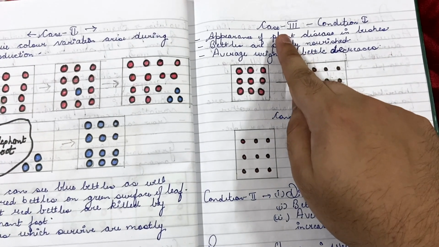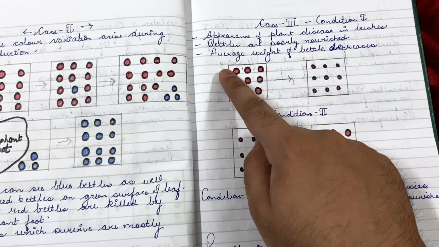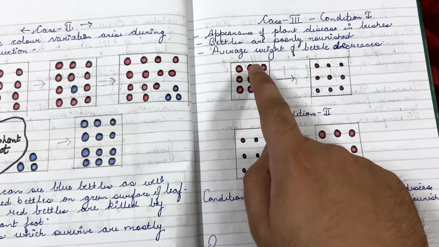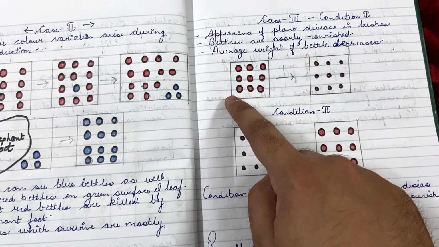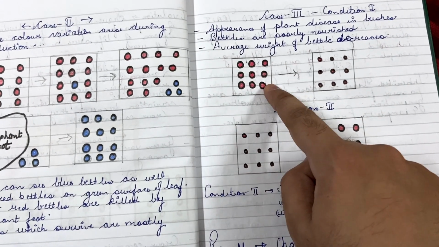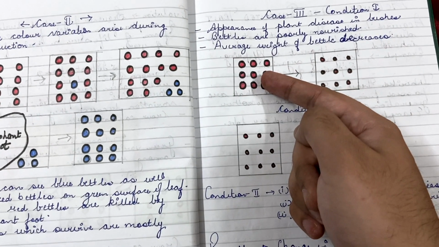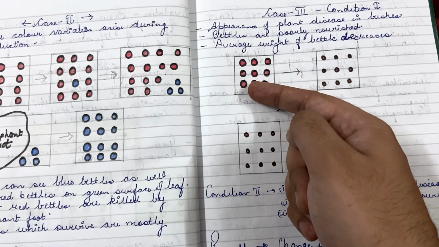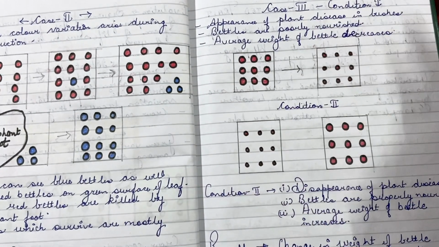Now let us look at case 3. In case 3, imagine the 12 red beetles which lived on the surface of the leaf. Now the leaf has caught a disease. As a result, the beetles are now getting no food because they used to eat the leaf and that leaf became diseased.